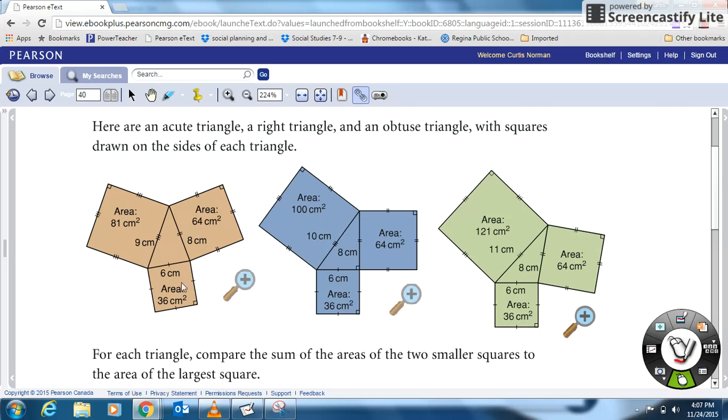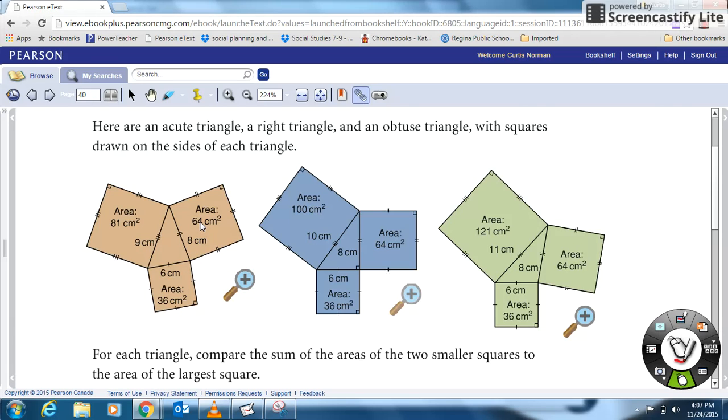We have one length as 6 centimeters, one is 8, and one is 9 centimeters. They've already drawn these squares for you, which is nice. Thank you, textbook. The longest side is always the hypotenuse in a right triangle. So let's see if this red one meets the requirements of Pythagorean's theorem.